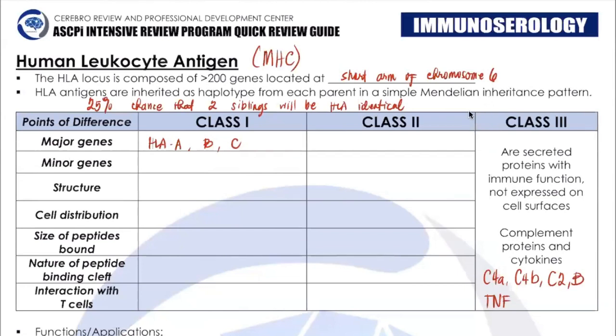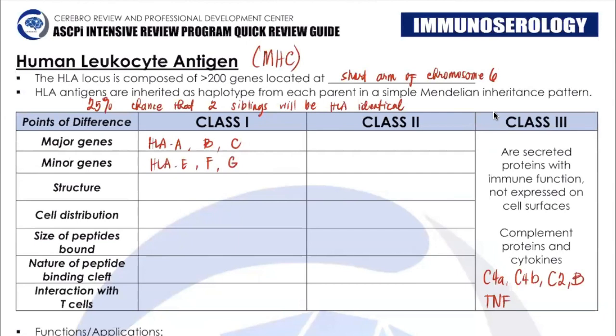Tinawag sila guys na minor locus because yung kanilang degree of polymorphism is medyo mababa, hindi sila ganoon ka-variable kung baga. Ito mga minor genes include HLA-E, HLA-F and HLA-G.